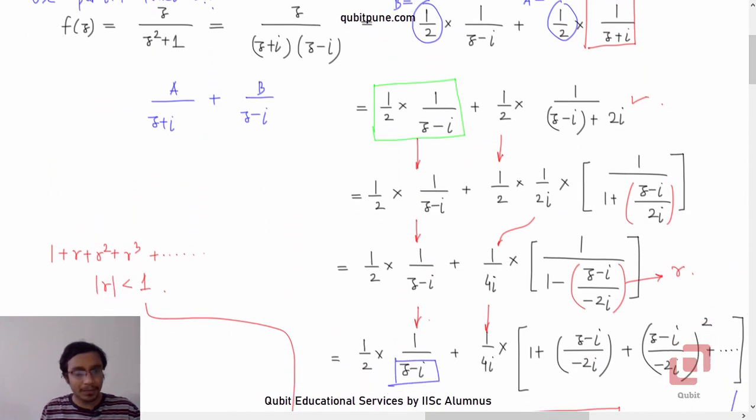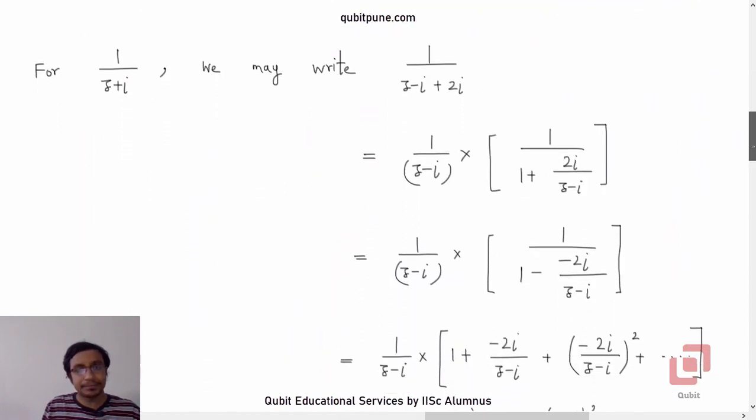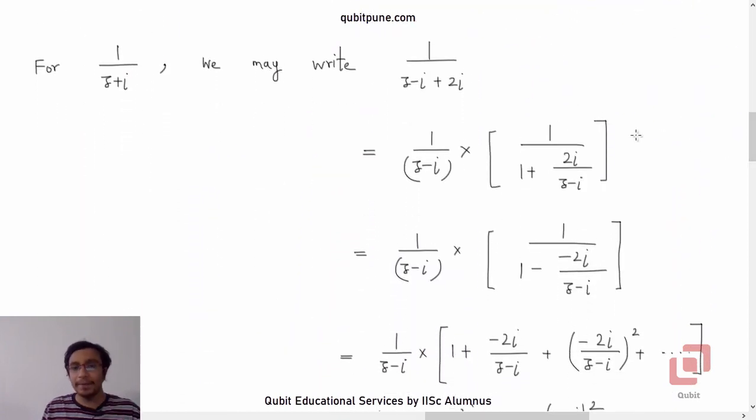Now let us go back to this term, let me show it in green color, and try to take z minus i common from the denominator. Let us see if that comes up with a different result. If you take z minus i outside, what will we get?